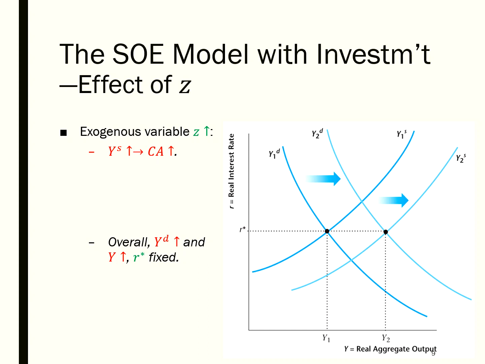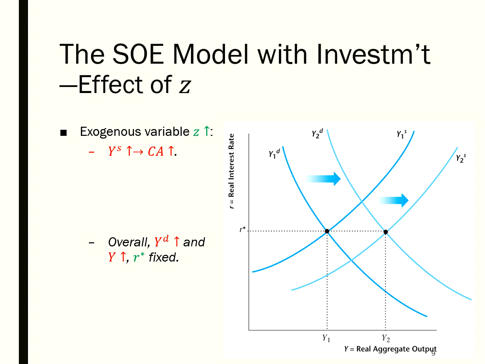This can be seen from the market clearing condition of the output market. The first round effect is on the supply side of the output market because it is driven on the supply side by Z. When the output increases, the current account will increase, as we mentioned in the previous lecture.